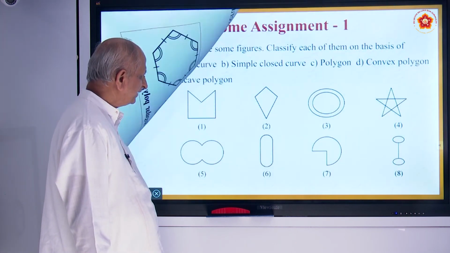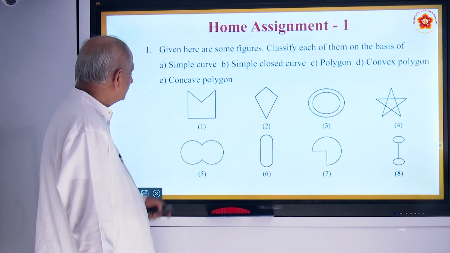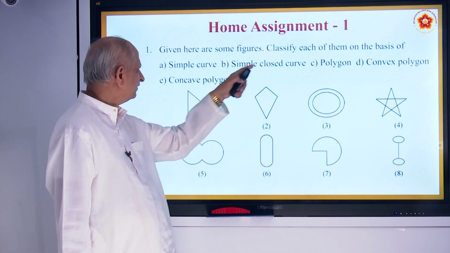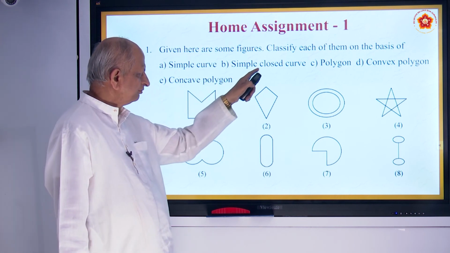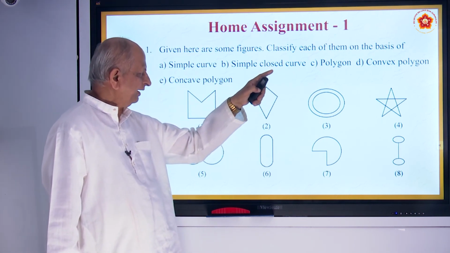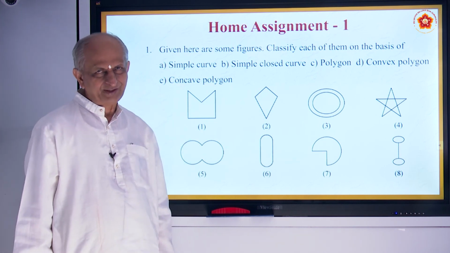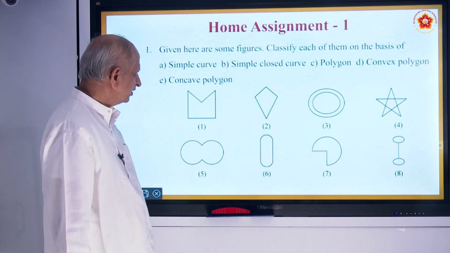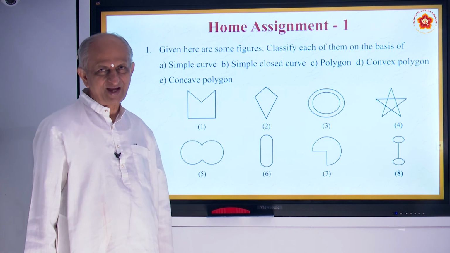Try to practice it. Coming to home assignment. Given here are some figures. Classify each of them on the basis of simple curve, simple closed curve, polygon, convex polygon, concave polygon. Try to do it. So here are 8 figures. You must see which group it belongs to. Very interesting, na?